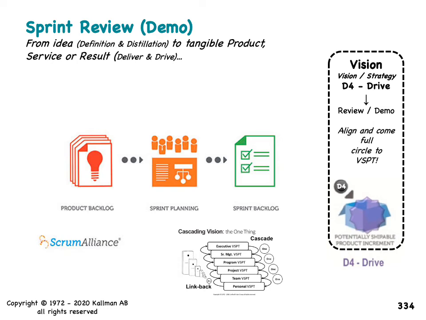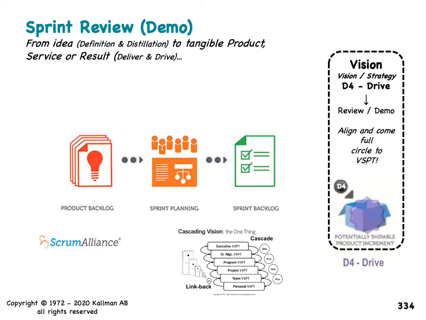Because if the executive has 100 teams that are working for them, they all have 10 items that are just must-have items, the executive's going to get 1,000 items that they're supposed to work with in their backlog. That's not going to happen. So you need to be able to choose that one thing that will make the most difference.